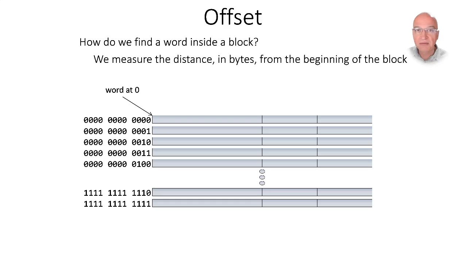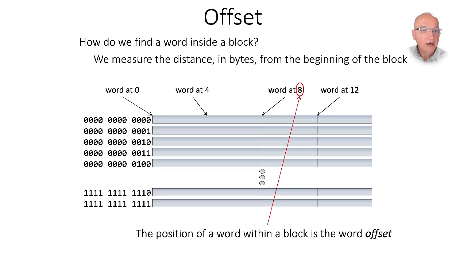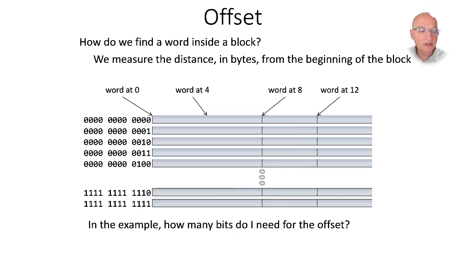Given that I have 4 words in the block, I have the word at 0, at 4, at 8, and at 12. The position of the word within a block is the word offset. Because I have 4 words, I will need 2 bits to identify the word in the offset.